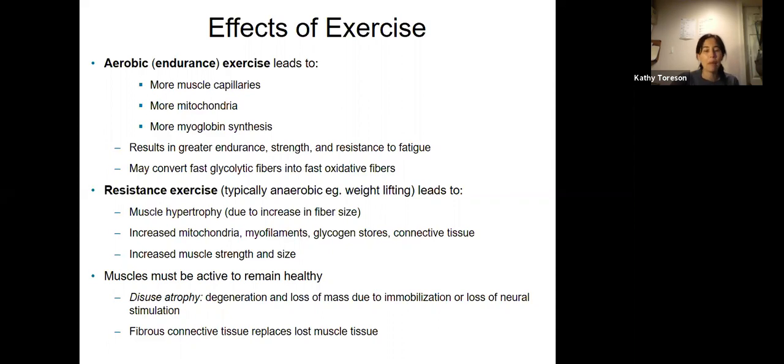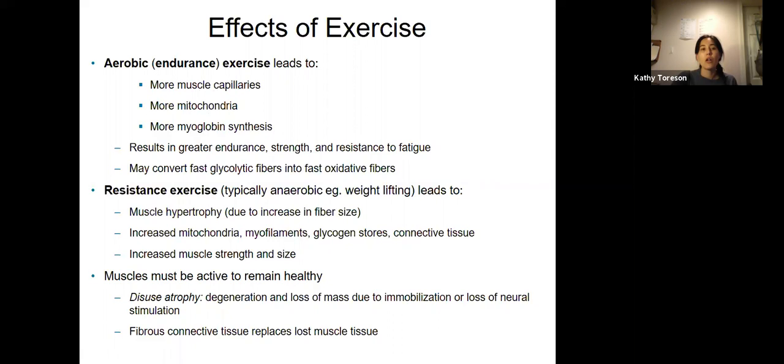But what also happens with exercise are these three things here. We get more capillaries into the muscle, so we're getting more blood supply coming in. Our muscle cells can increase the number of mitochondria, and mitochondria, remember, is where respiration is occurring. That's where our cells are able to generate ATP.